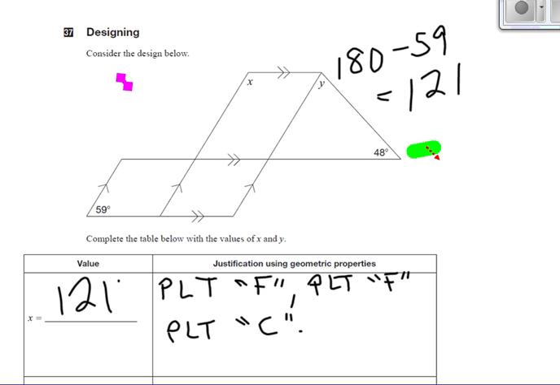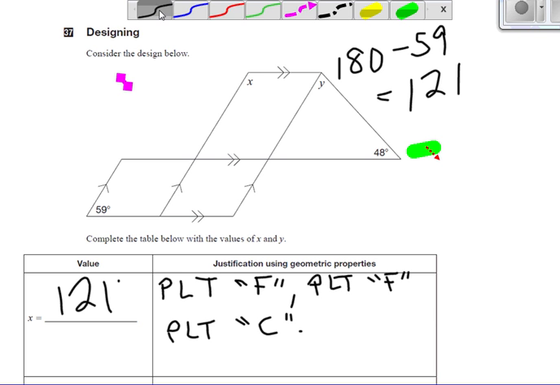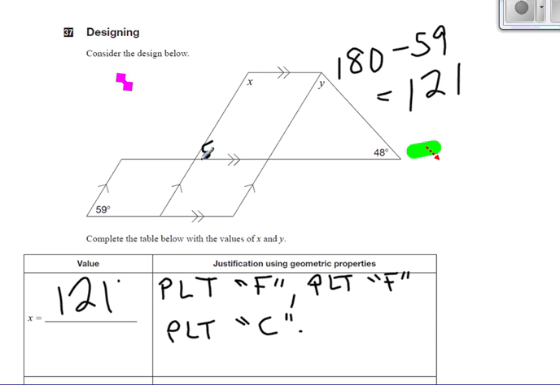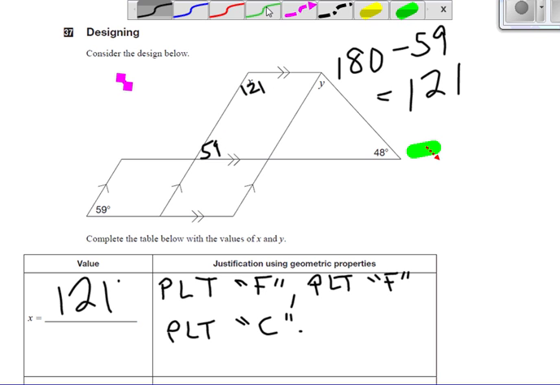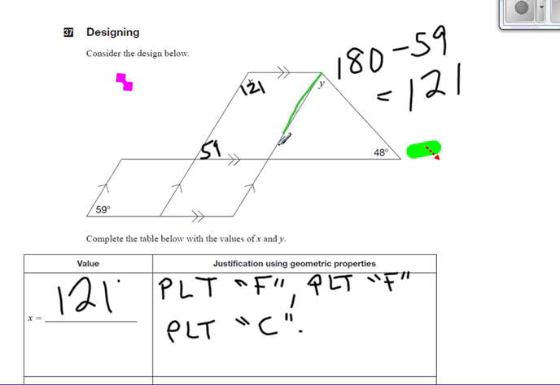So again, we know that this angle was 59 and this angle was 121. Now Y is contained within a triangle. And since I know this angle, I probably need to figure out this angle and then use the 180 rule to find Y. So how can I find this angle?